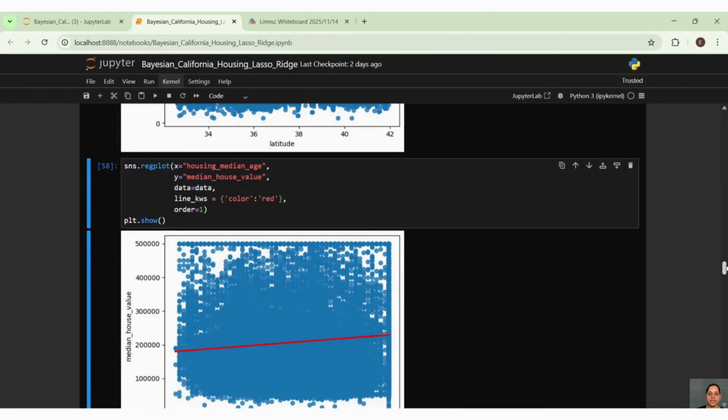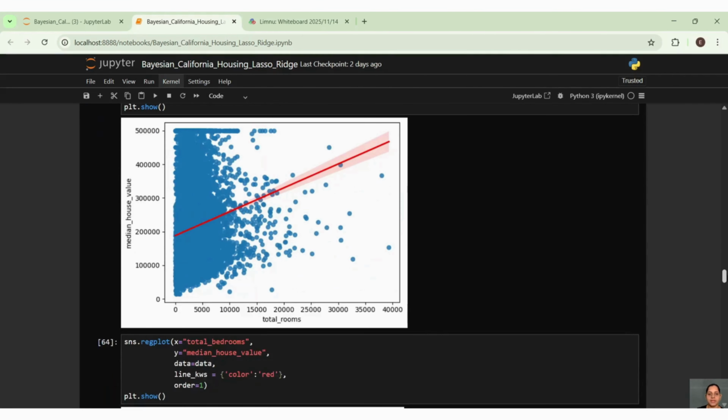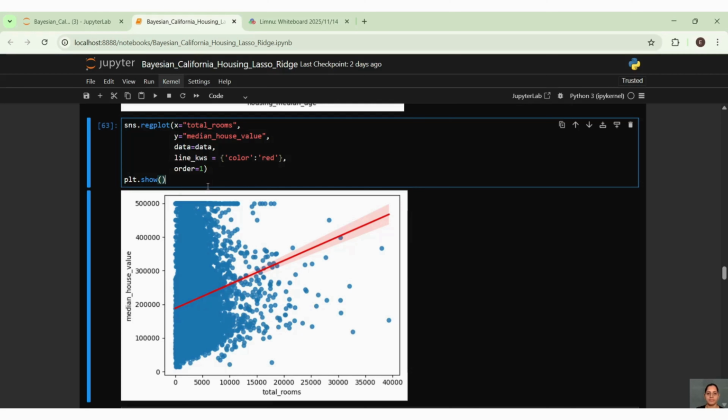Then we have house age. Age is somewhat positive, so you can see the reg line. Then after age, we have total rooms, and what we saw during our heat map, these factors, total rooms, total bedrooms, and population, everything is well related with the house price.